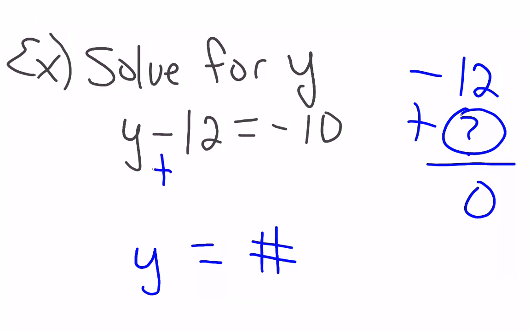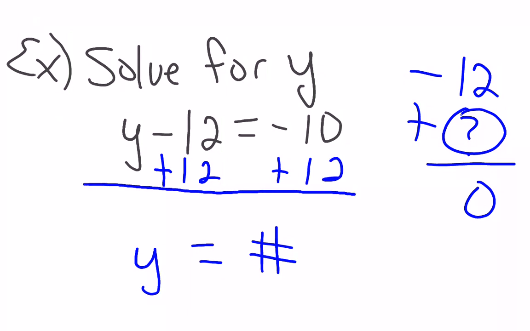Well, if I add 12, so I don't even have to find a number, the number is there. If it's minus 12, if I add 12, negative 12 plus 12 will give me 0. But because I have an equal sign, I have to do it to the other side in order to keep that equality, keep it balanced. So I'm going to do it to both sides.